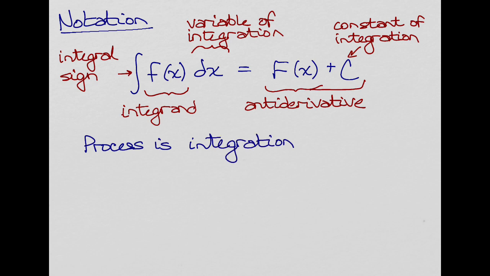We might pronounce this big F of x plus c as the indefinite integral, or the antiderivative of little f of x. I'm going to put that underneath here too. Indefinite integral.